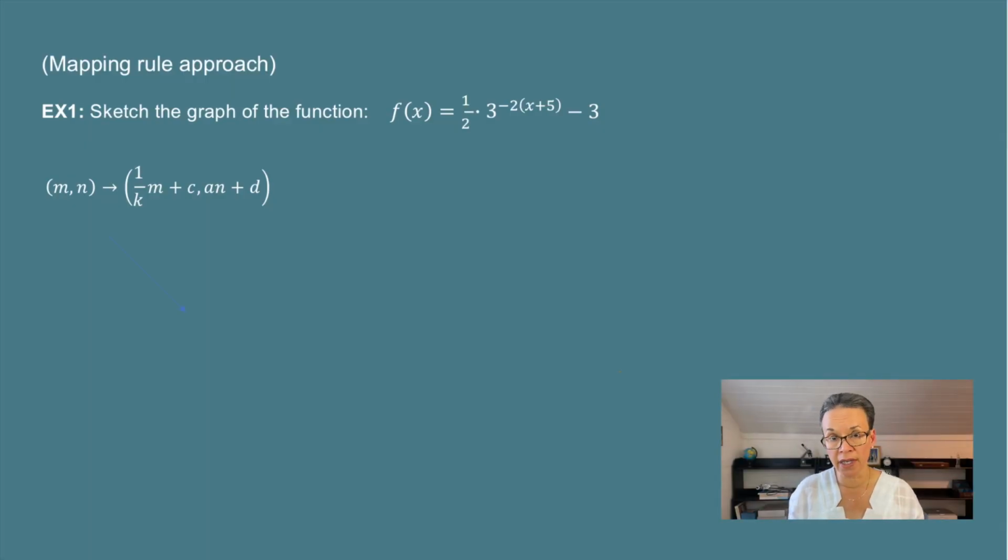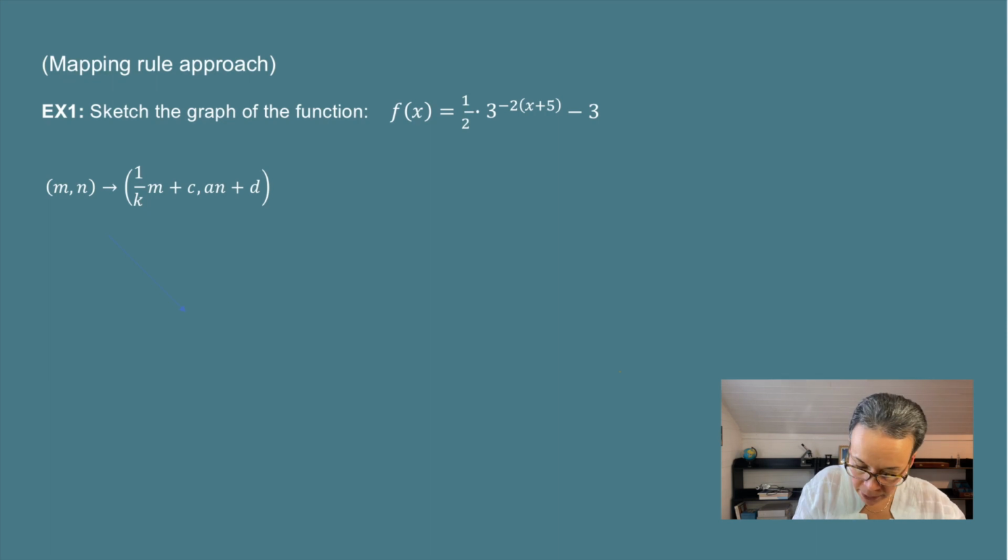First, I will show you how to get points on the graph using the mapping rule method. The first thing that we are going to do is to extract the parent function from here. See, the parent function was not given to us explicitly. It is our job to determine what that parent function should be.